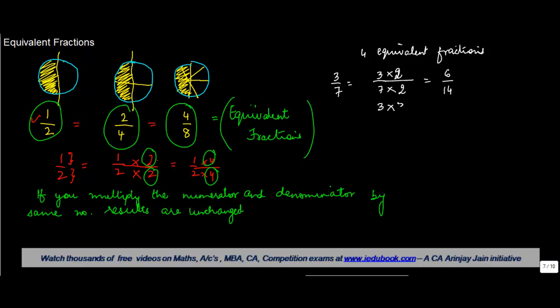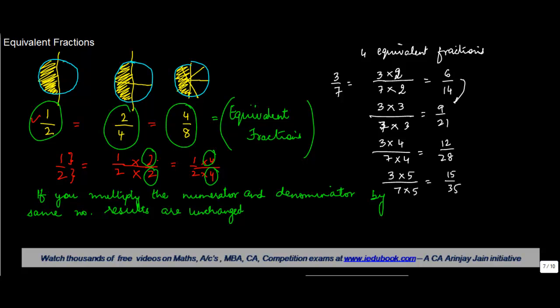Similarly, I multiply this in this case by 3. This gives me 9 by 21. If I multiply 3, which is the numerator, by 4 and the denominator 7 again by 4, I get 12 by 28. Similarly, if I multiply 3 by 5 and the denominator also by 5, I get 15 by 35.